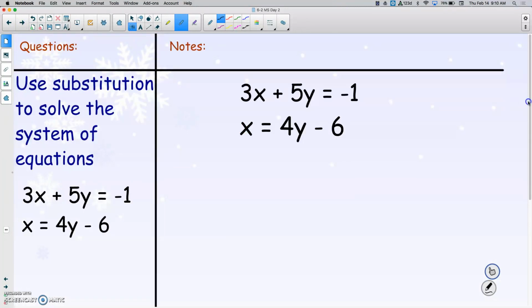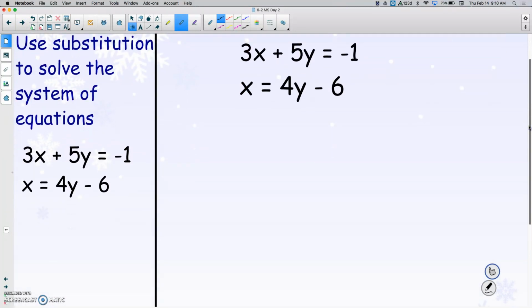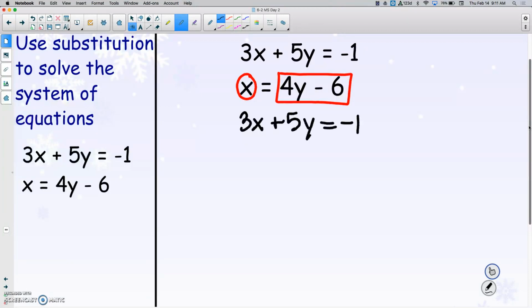Example number 3. The variable by itself is x. It is equal in value to 4y minus 6 this time. So I need to substitute into the top equation. I replace the letter x with 4y minus 6.